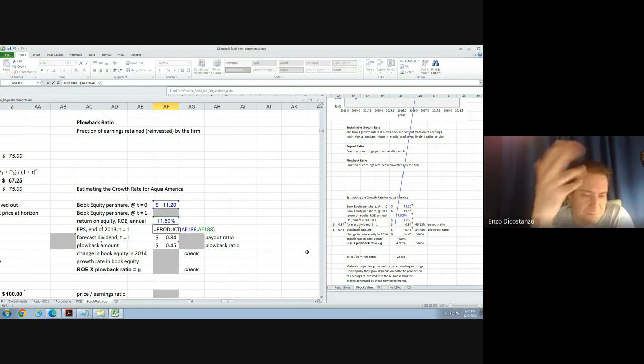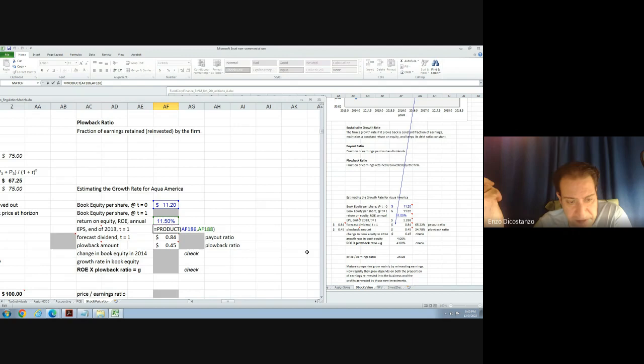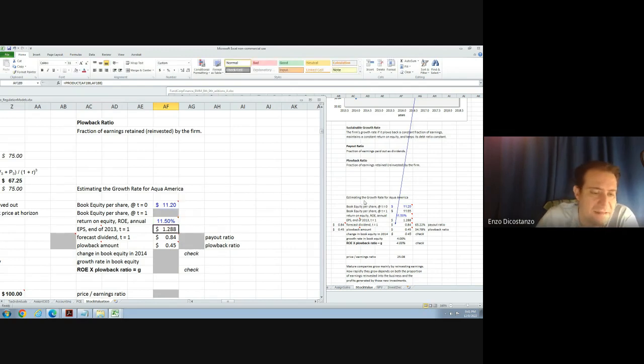So again, book equity we could figure out from the balance sheet. The return, we could say, hey, we're looking for a specific return on equity. You could work that in there, and then earnings per share is the product of those, because the equities cancel out. The dividend is forecast from the previous problem.